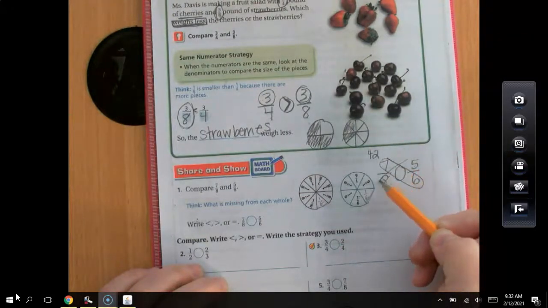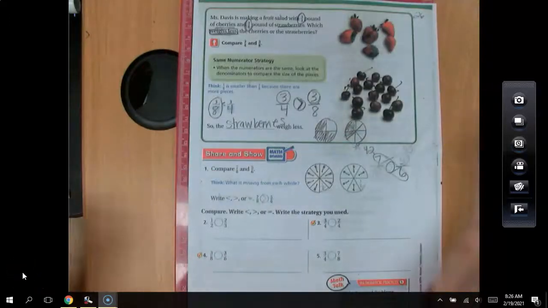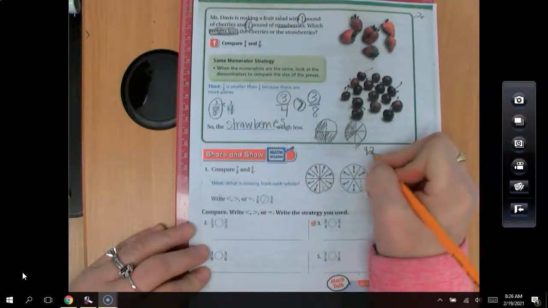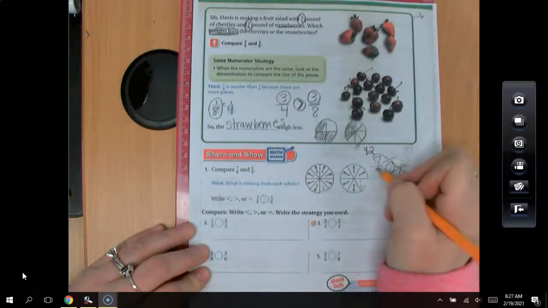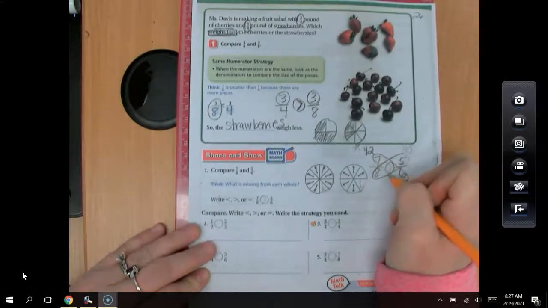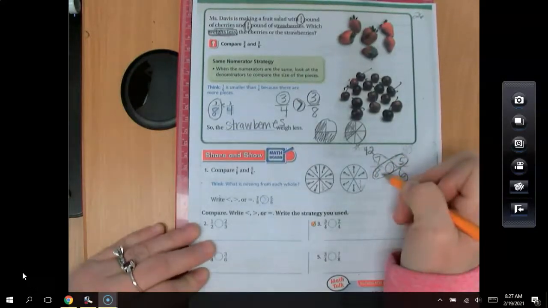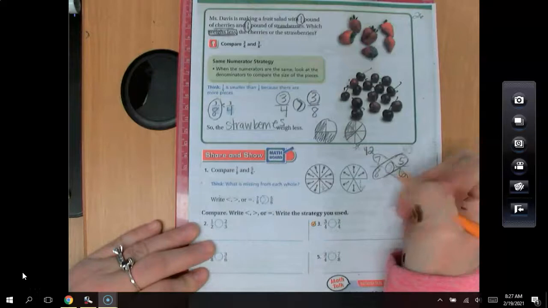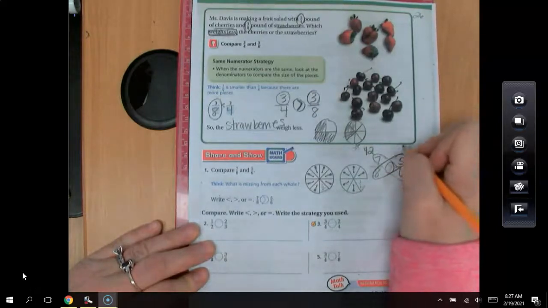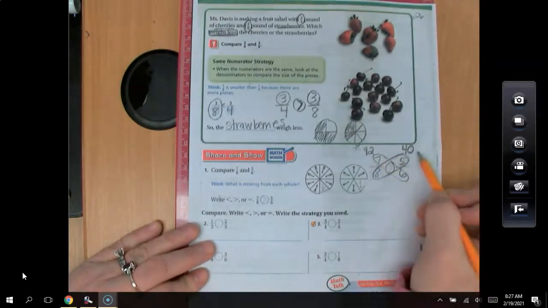I'm going to cross multiply. So I already have 42 up here. Now I'm going to cross multiply my other side. I always like to circle it. And now I need to decide what is 8 times 5. Well, it's 40. So I'm going to put 40 on top, okay? So I always put my numbers on top.